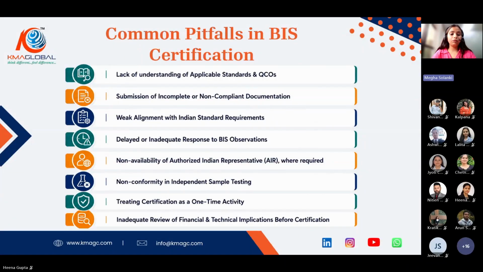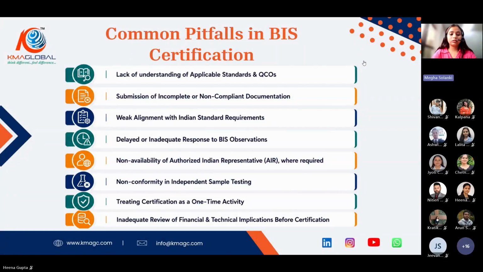Next, weak alignment with Indian standard requirements, delayed or inadequate response to BIS observations, non-availability of authorized Indian representative where required, non-conformity in independent sample testing, treating certification as a one-time activity, and inadequate review of financial and technical implications before certification.